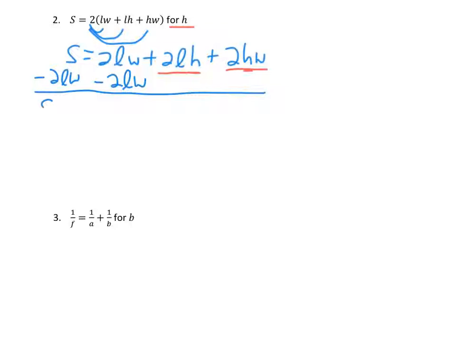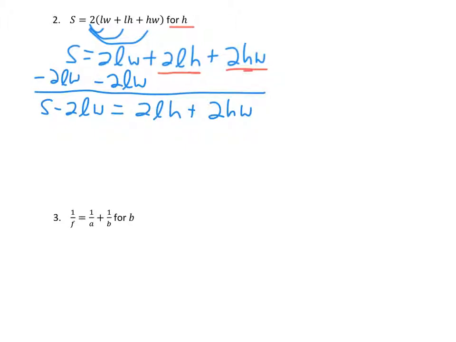That's going to give us s minus 2lw equals 2lh plus 2hw. Notice the two terms that have h in them are on the right, and the two terms that don't have the h in them are on the left. And that's exactly how we want it.